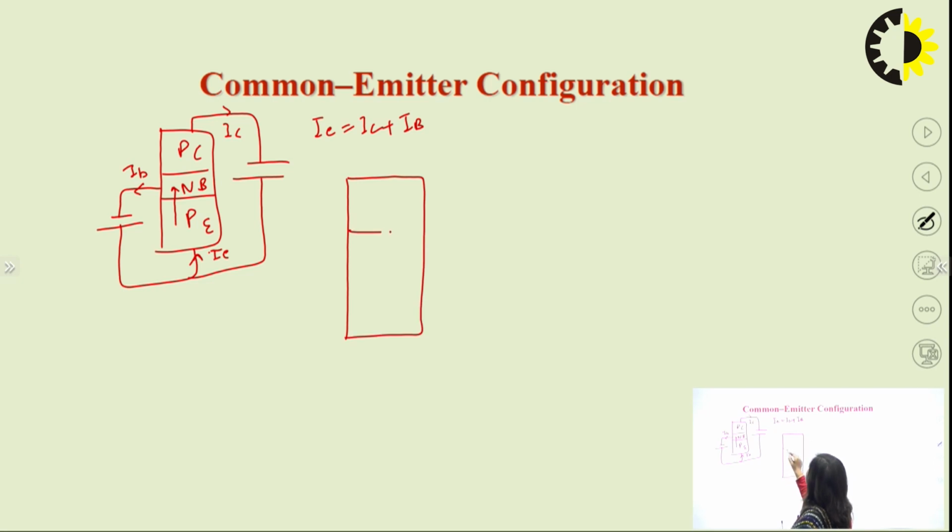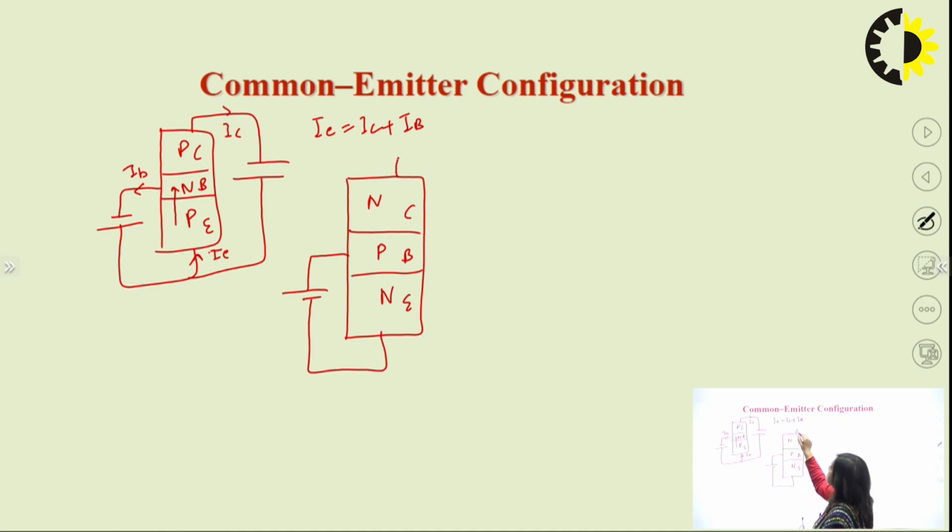we will connect in this way. NPN: this is the emitter, this is the base and this is the collector. The emitter-base junction will be forward bias, so it will be positive and negative, and the collector is always kept in reverse bias. So this will be in this form.